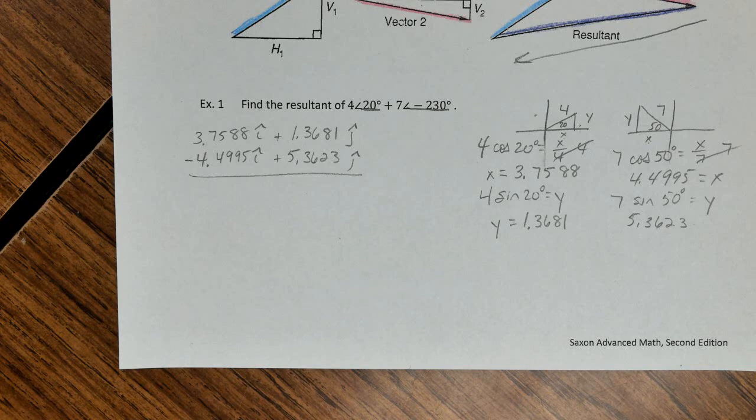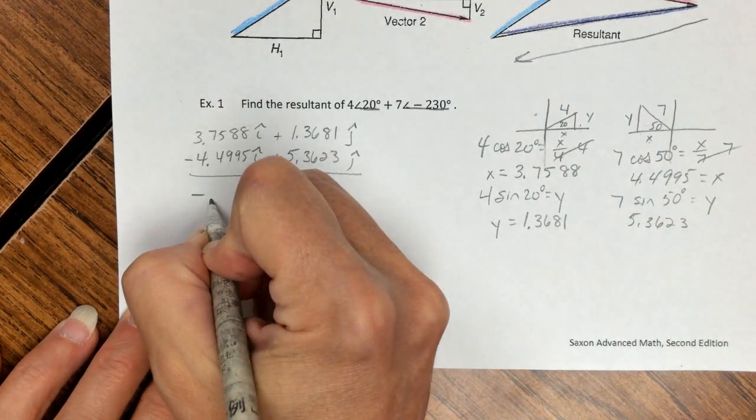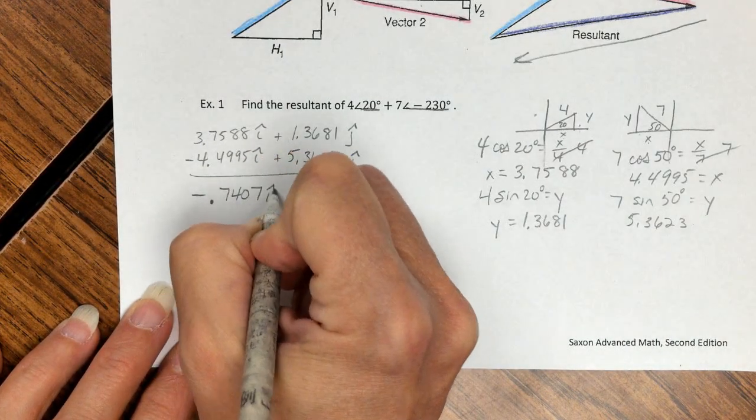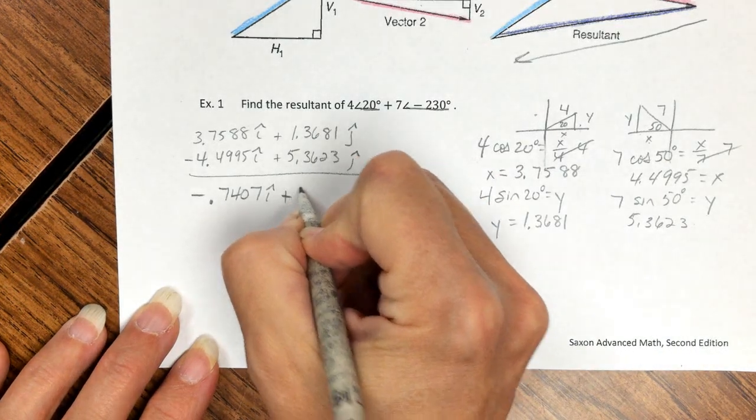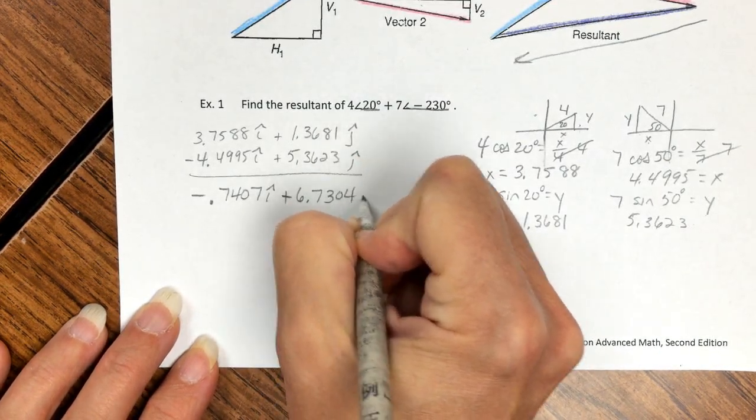So 3.7588 minus 4.4995, I'm getting negative 0.7407i, and then the other ones are both positive, so I add them: 1.3681 plus 5.3623 is 6.7304j.